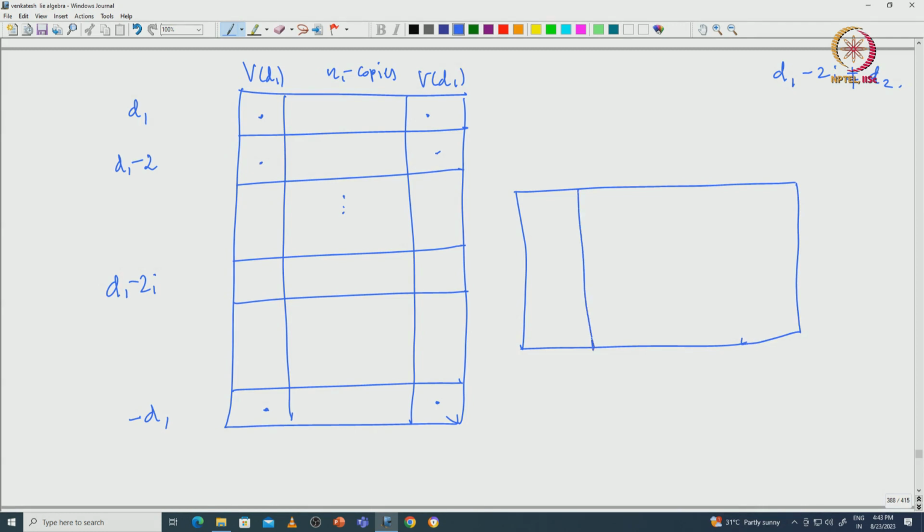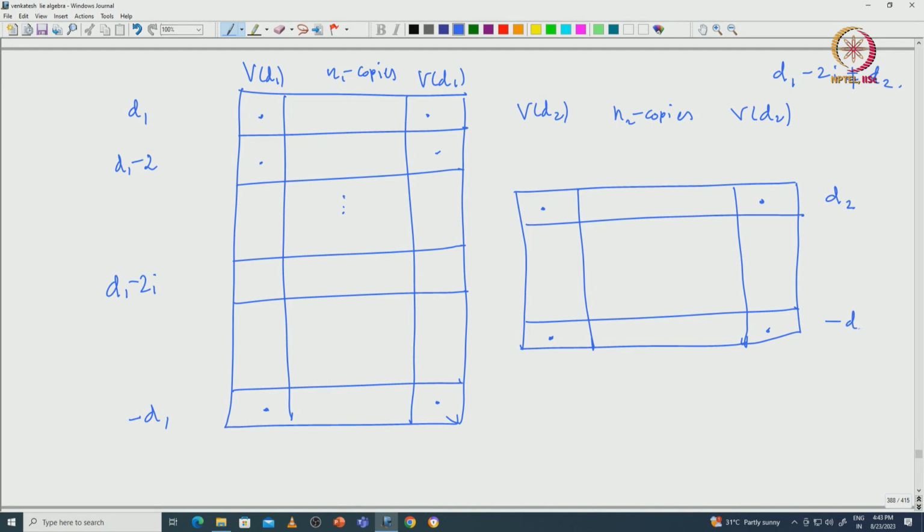It will just stay here, since they all have different parities. This is V_D2, and here you have N2 copies, and here this is D2, then minus D2, and then you go D2 minus 2 and so on, up to minus D2 plus D2.